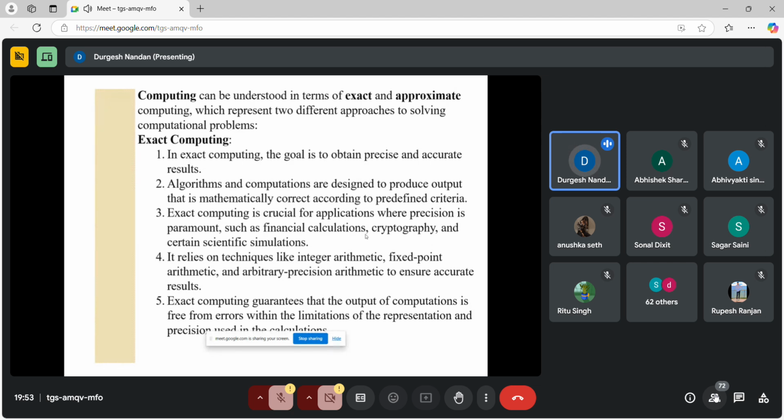If we look at exact computing, there are many areas where accuracy or precision is the most important thing, like financial calculation and cryptography, and in those places exact computing is okay. But suppose we have 5 or 20 terabytes of data and we want to send it via the internet. Sending 20 or 200 terabytes is a very critical task.